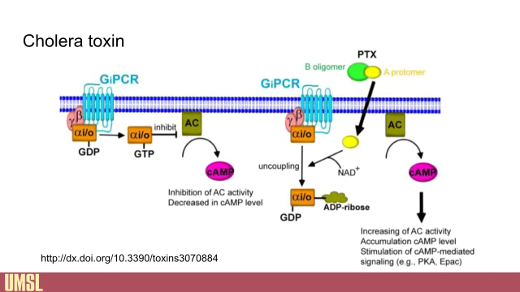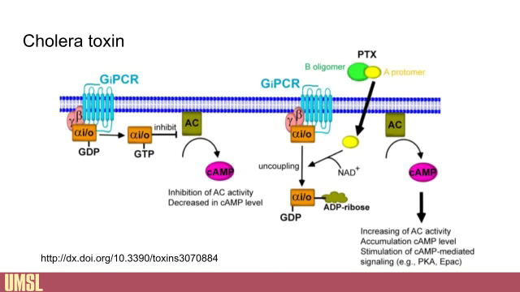So what normally happens is that there are these G proteins that are important for signaling and essentially controlling when and how much cyclic AMP is produced by our cells. Under normal healthy conditions, our cells are not really producing a lot of cyclic AMP.